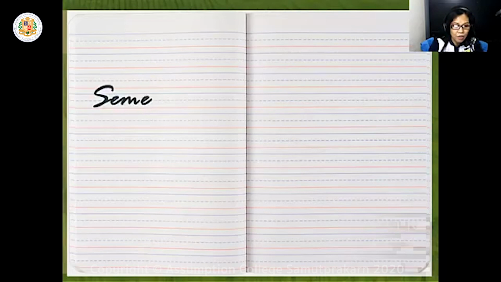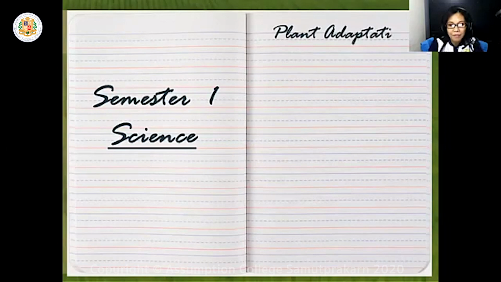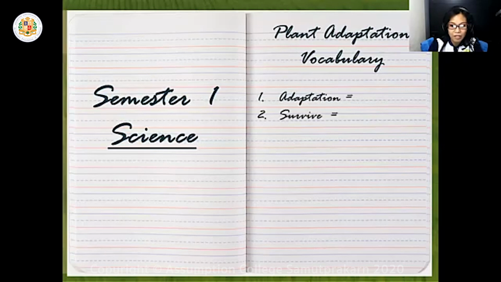1. And then you're going to write semester 1 and the subject is science. And then on the next page, write plant adaptation vocabulary and list down the words. Number 1, adaptation. Number 2, survive. Number 3, structural adaptation.